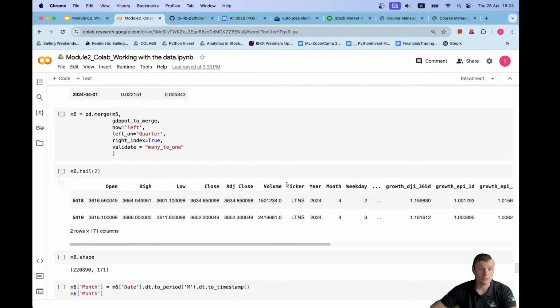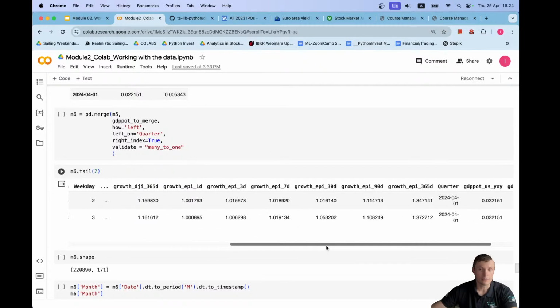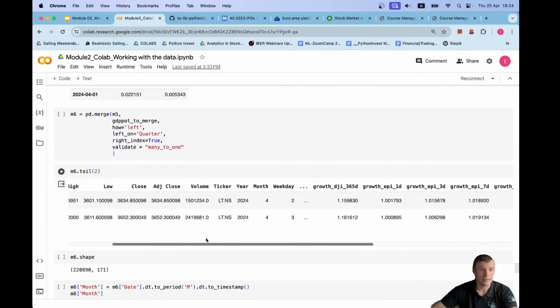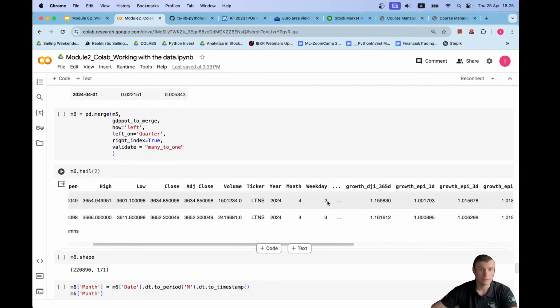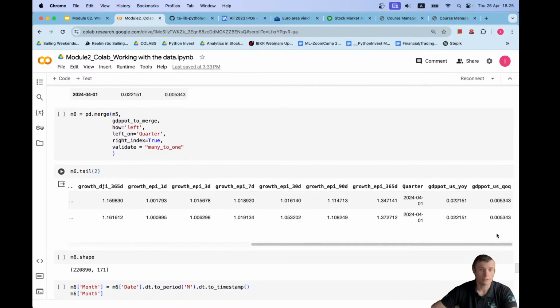So that's what you see here. Exactly the same data is propagated for two different days. You can see that we join on a quarter, and exactly the same stats are filled.